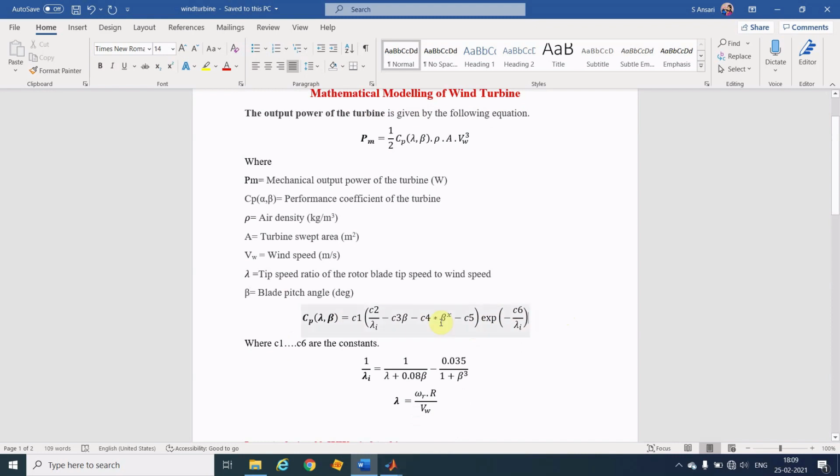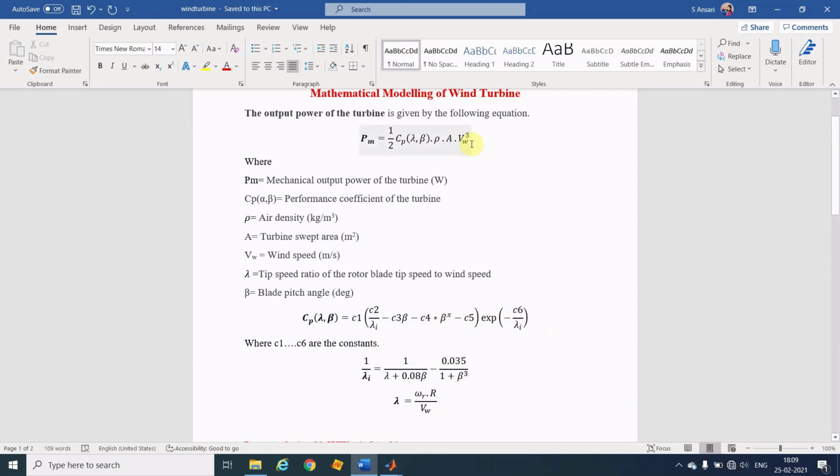Here C1, C2, C3, C4, C5 and C6 are constants, and we will choose their values. Here lambda i is given by this equation, and lambda is given by this equation.